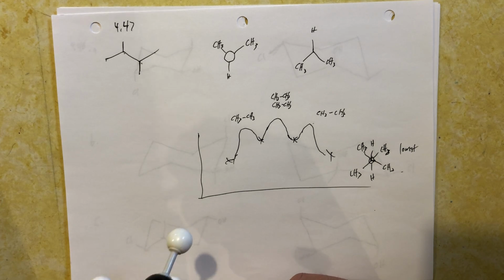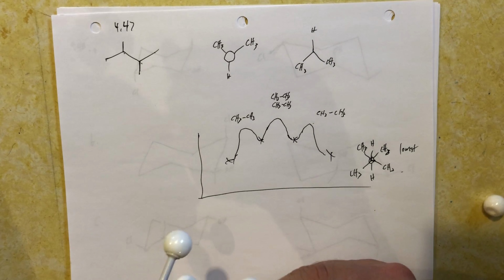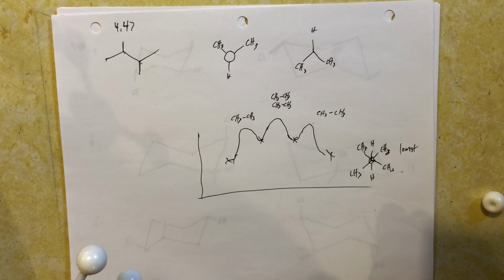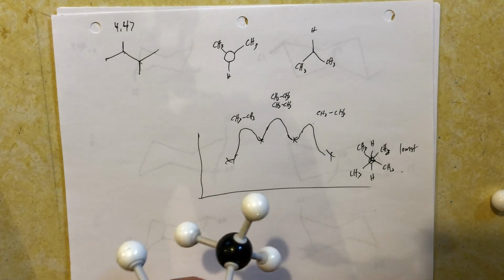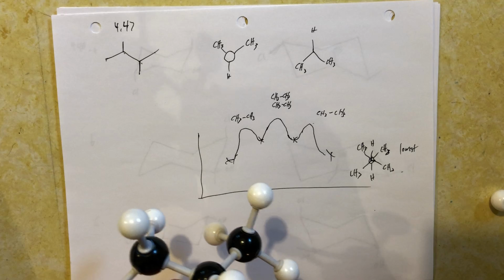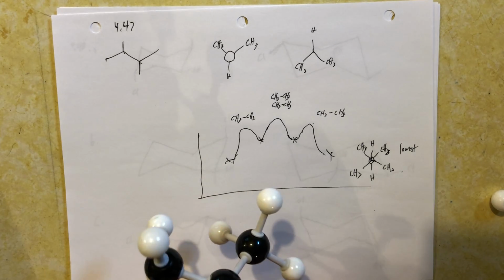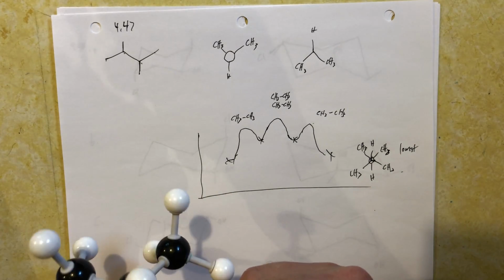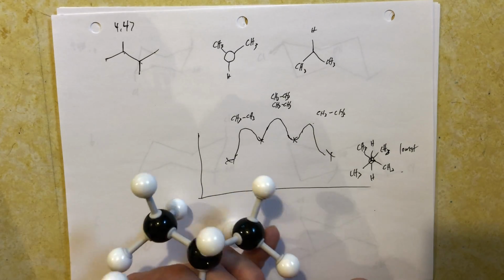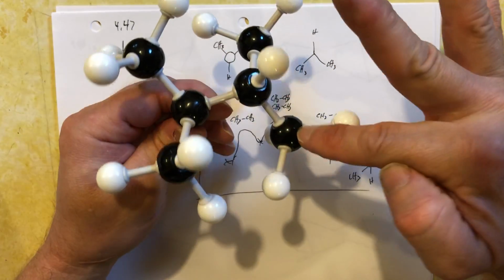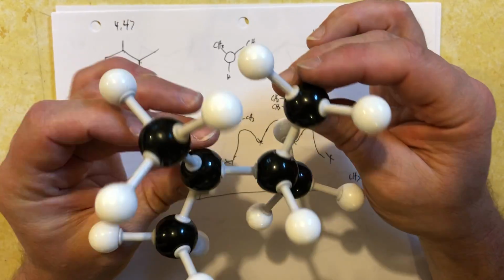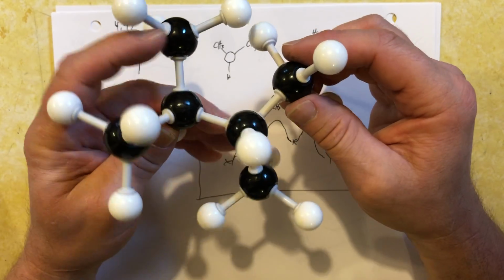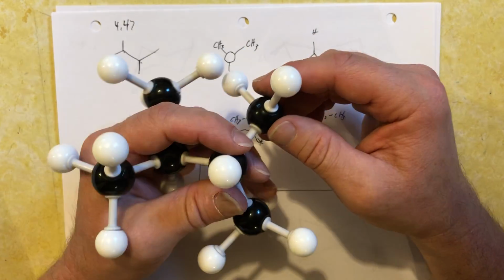So I can pull this off of here, and now I've got a, is that 2,3-dimethylbutane, and let's put a, okay, now I've got a butane, 1, 2, 3, 4. Got a methyl group this way. Got a methyl group this way. Right now I have them cis as opposed to trans.